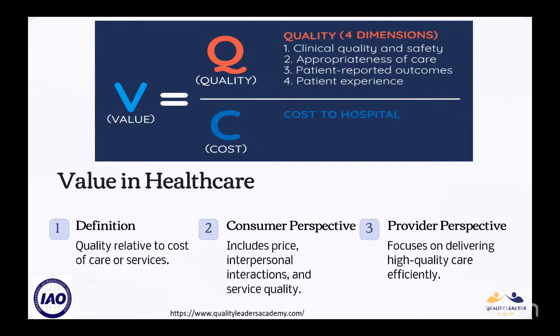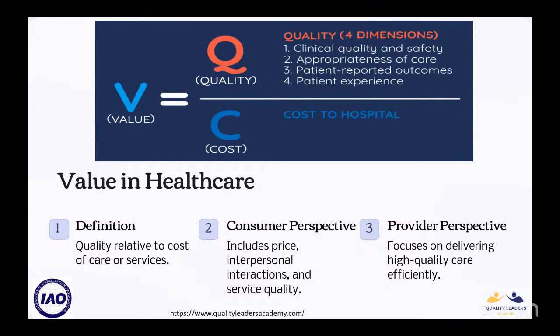Okay. There are different perspectives, consumer perspective and provider perspective. So here, consumer perspective includes price, interpersonal interactions, and service quality. So what does that mean? From the patient's viewpoint, they think in terms of, am I getting better? Am I being treated well? Can I afford it? Was it convenient and all?